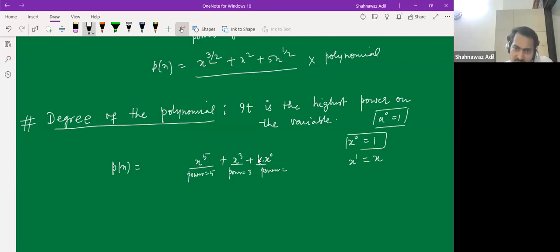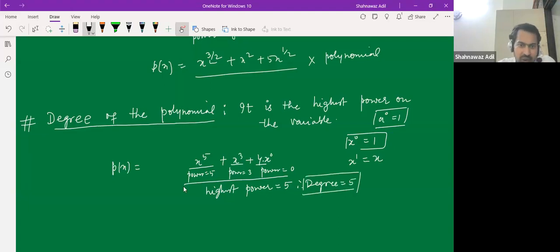So I can write 4 into 1, and 1 is x to the power 0. So power is 0. Understood? Now the highest power is 5. So I can tell that the degree is 5. Understood?